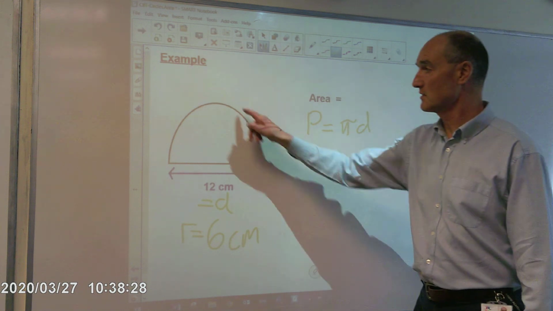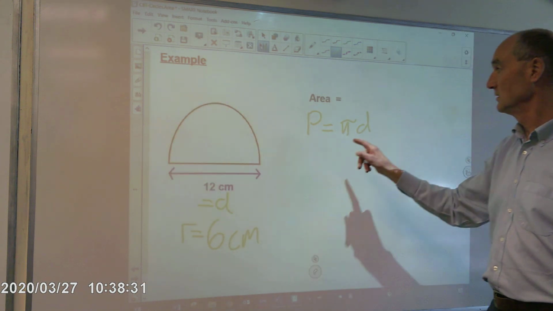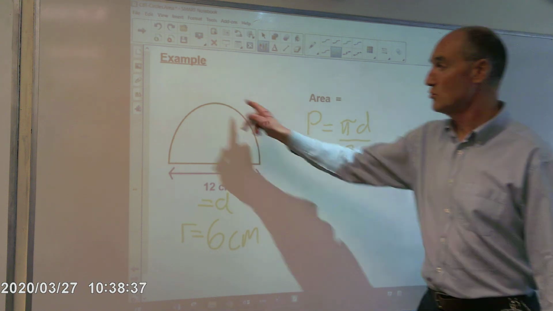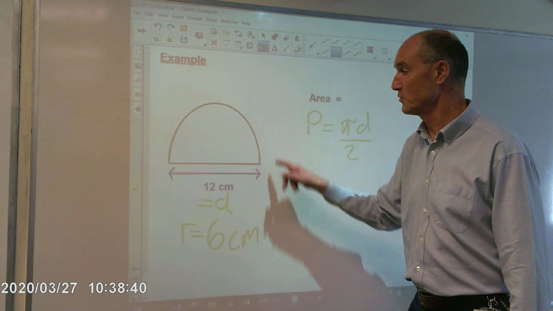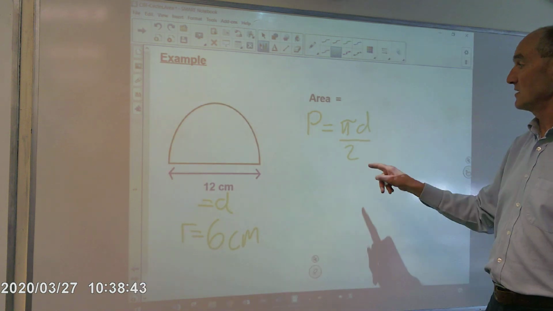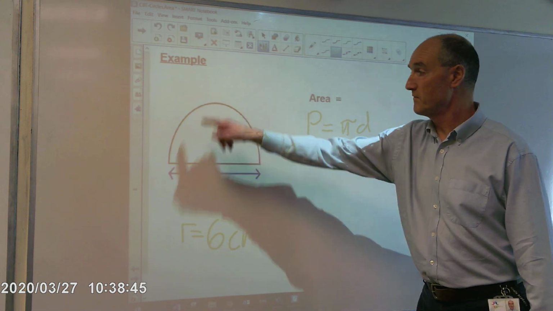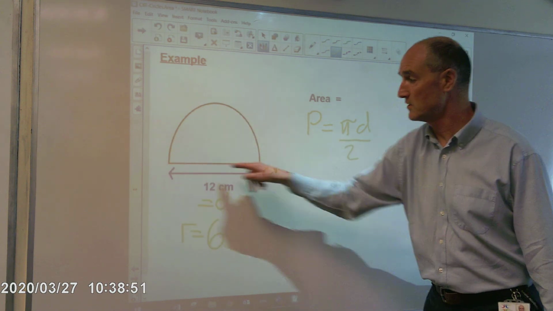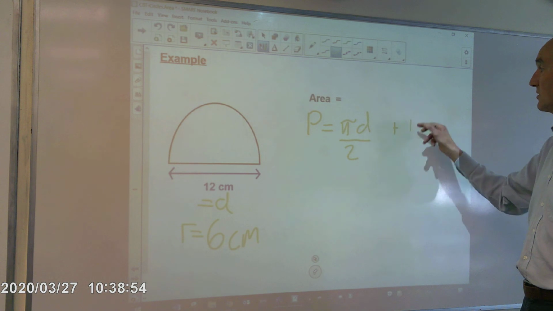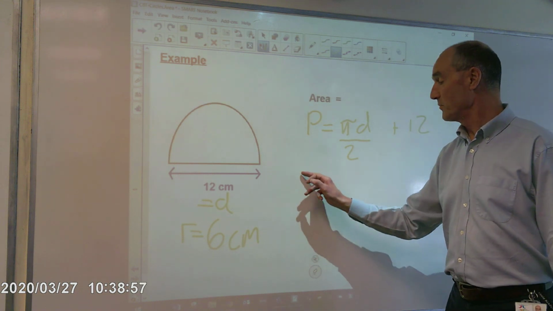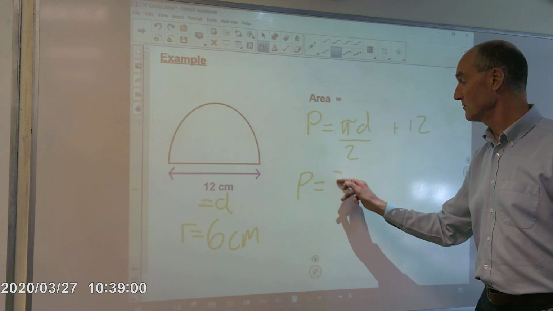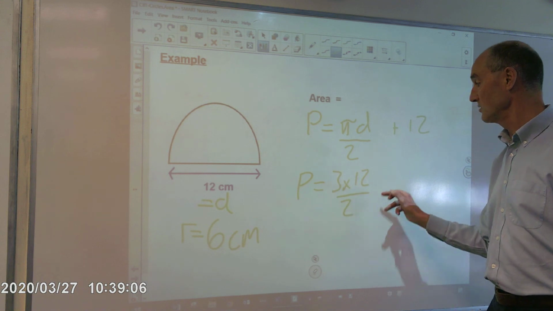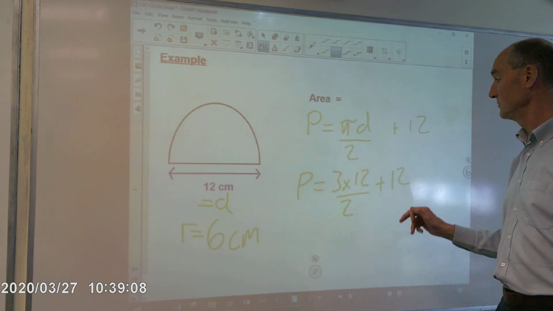So the length of this curved line is pi d divided by 2. The whole circle, the circumference, the perimeter of the whole circle would be pi d. So to get half of it, we just do pi d divided by 2. But then for the perimeter of that whole shape, including this 12 centimetres, we've got to add 12. So our perimeter for the whole shape is 3 times the diameter, which is 3 times 12, divided by 2, and then add 12.